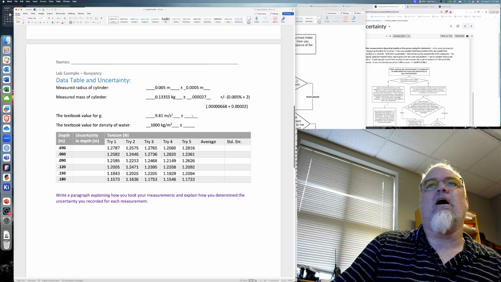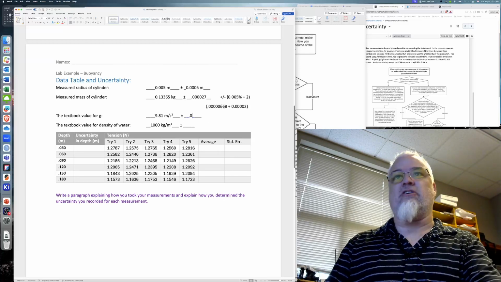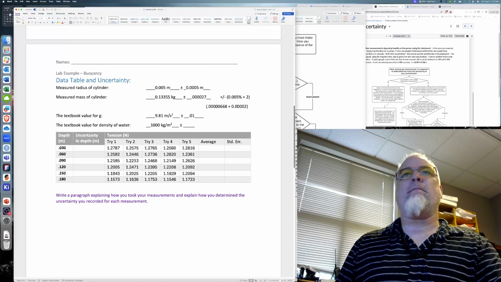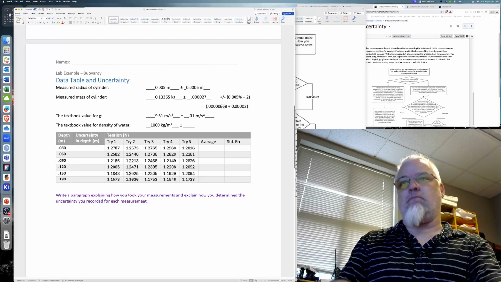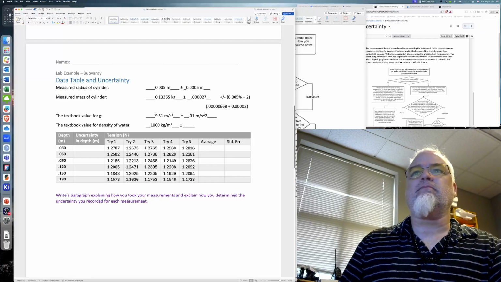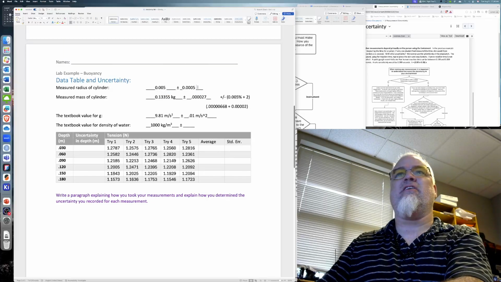Textbook value for g, I will tell you this has an uncertainty of 0.01 meters per second squared.